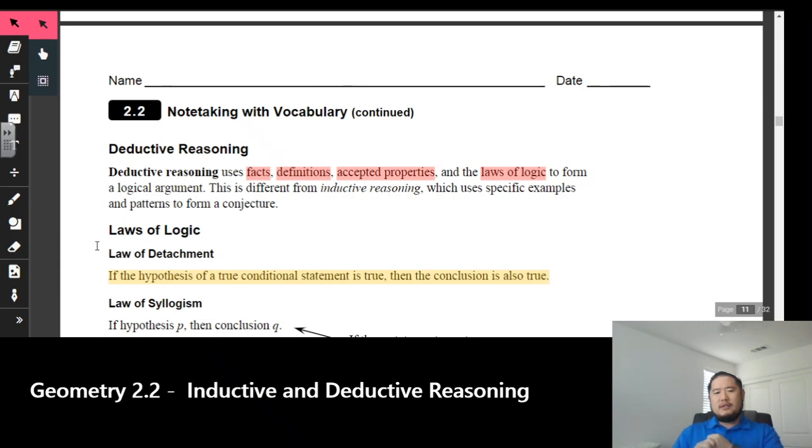So we could say that if a polygon is a triangle, then the interior angles sum to 180 degrees. Or, if the interior angles of a polygon sum to 180, then the polygon is a triangle. So that right there would be something of a true conditional statement.